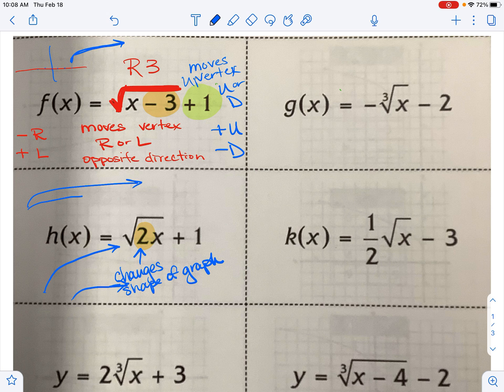So if the normal one is this, a number greater than 1 is going to move it closer, flatter, less of a curve. So this is the normal, this is the parent function.